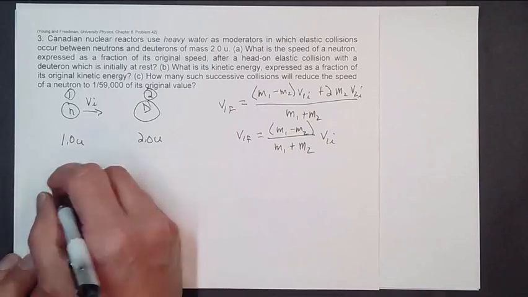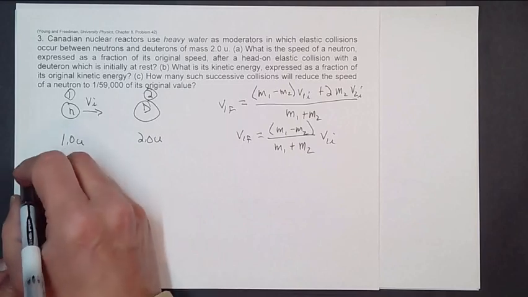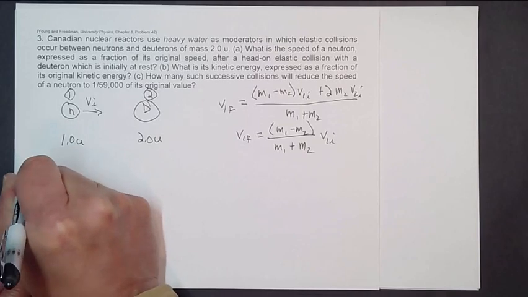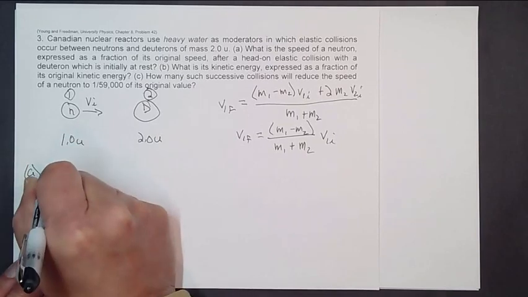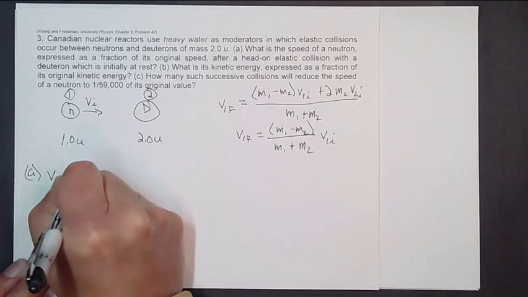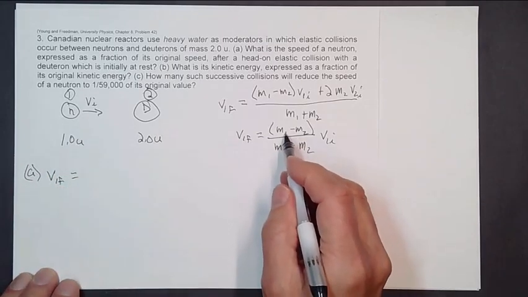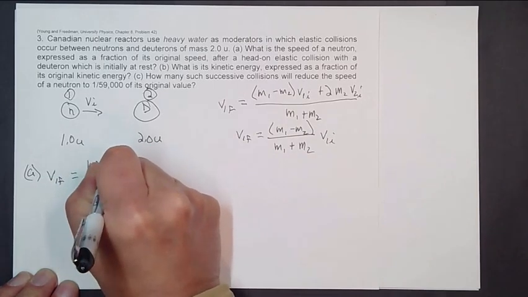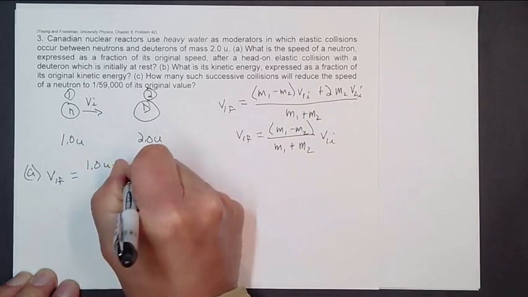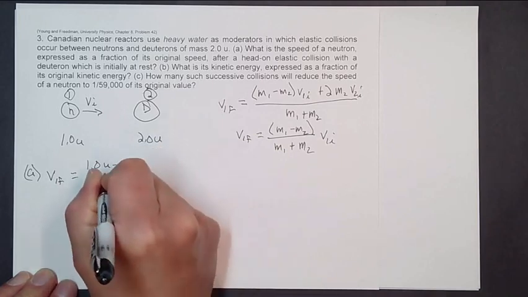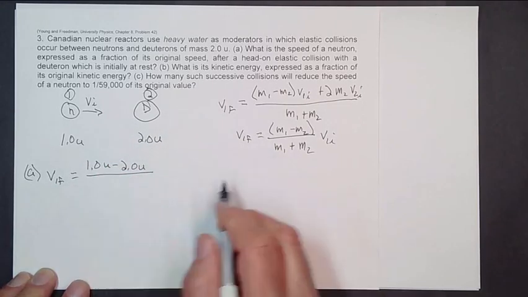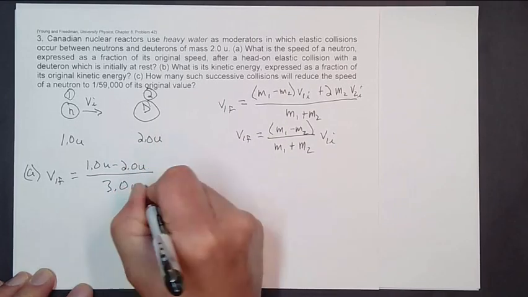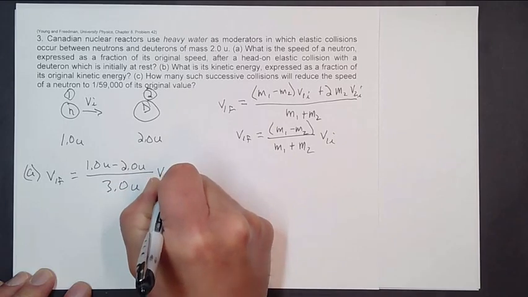What we'll get for the final speed of the neutron as a fraction of its initial speed is V1 final equals (M1, 1.0 U, minus M2, which is 2.0 atomic mass units), divided by the sum of those two. Well, 1 and 2 is 3, so 3.0 U, times V1 initial.